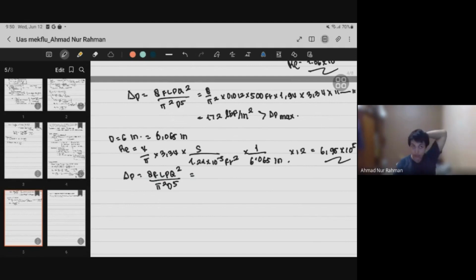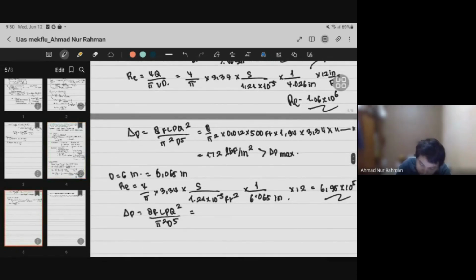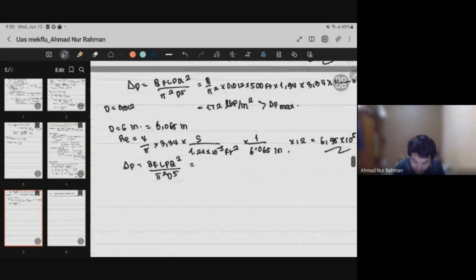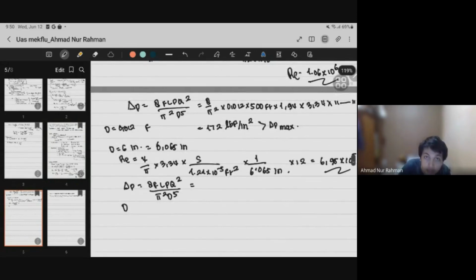From the data above, we knew that f equals 0.012, so there is a specific number for f here.